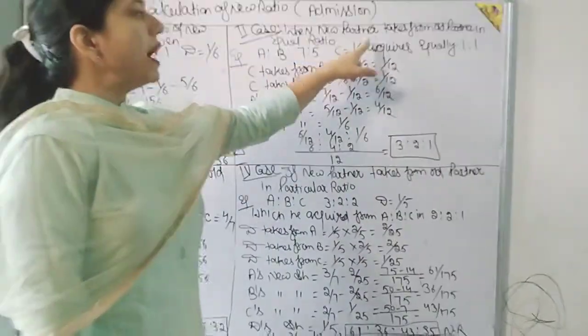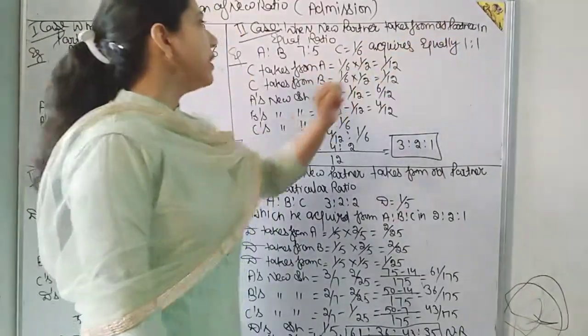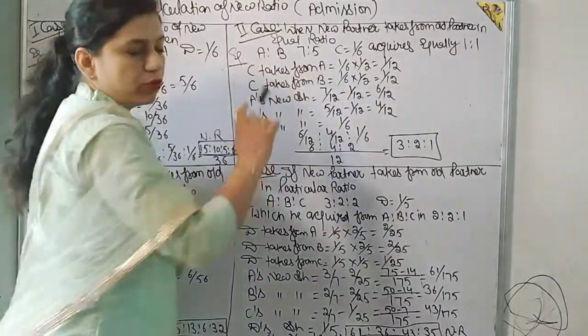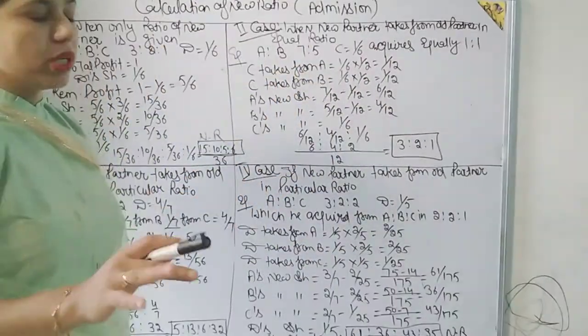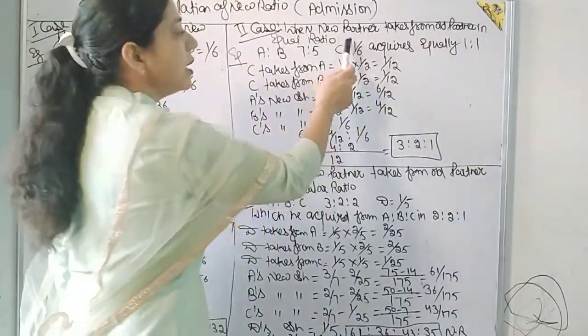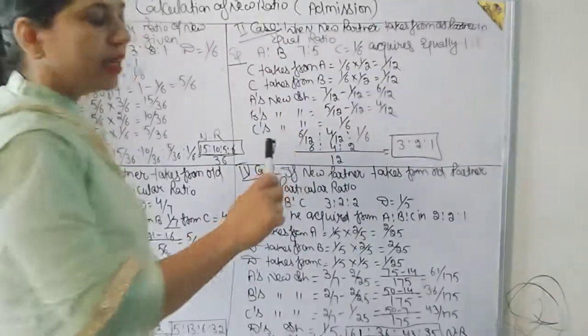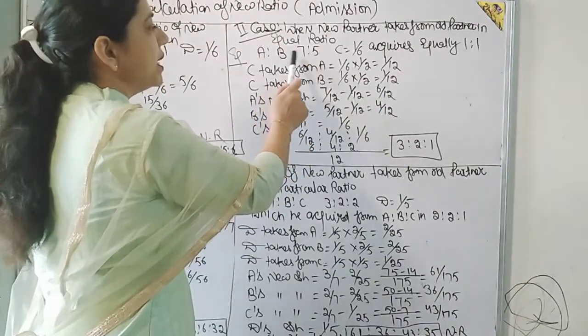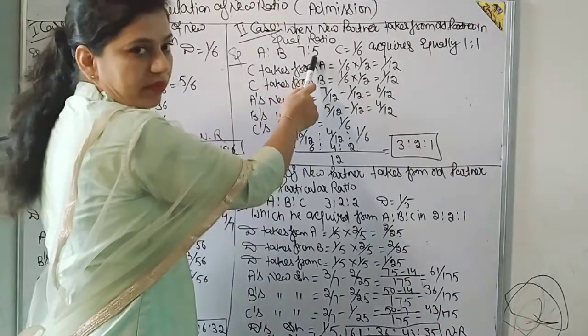Next, second case. When the new partner takes from old partners in equal ratio. If it is said in the question that the new partner takes from old partners in equal ratio, then how can we calculate? A to B is equal 7:5.